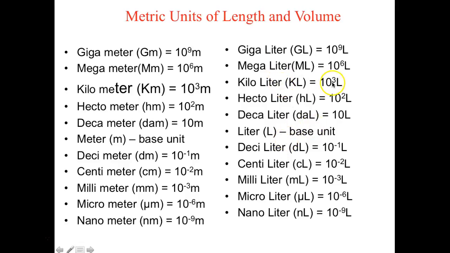So there's 1,000 liters in a kiloliter, a million liters in a megaliter, and so on. You can do something very similar for second. You can also do something very similar for mass, using grams. You can write down a similar table. Okay, I'll have to stop here.